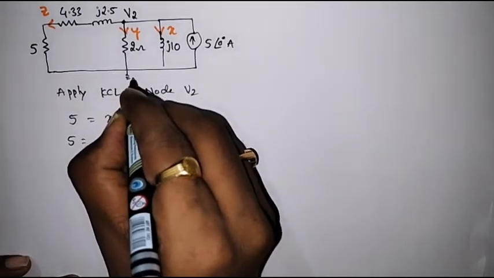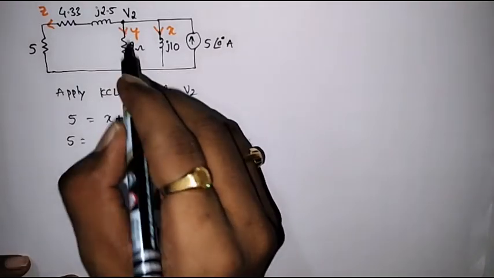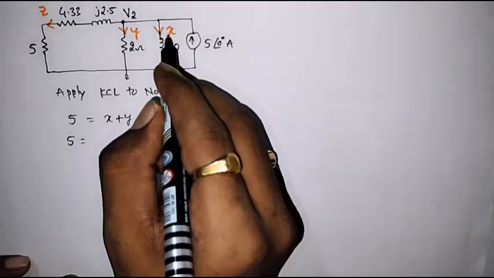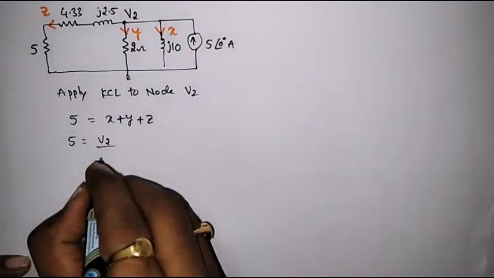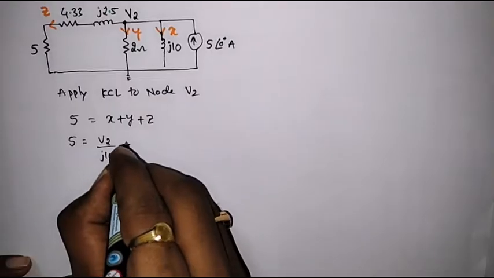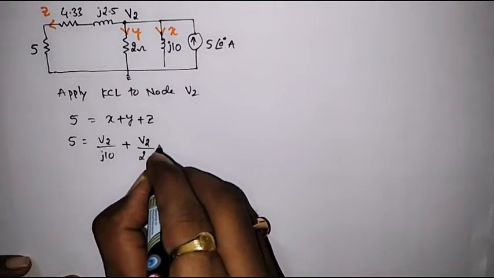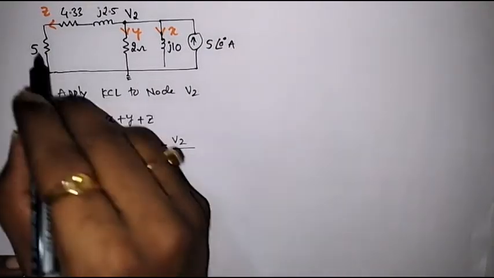As this is the reference node, voltage at this node is 0. So all V2 is calculated with respect to the reference voltage, that is 0. Therefore X is equal to V2 minus 0 divided by j10, that is V2 by j10, plus Y, which is nothing but V2 by 2, plus Z, which is nothing but V2 divided by 5.